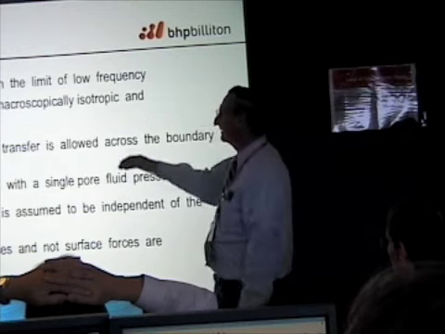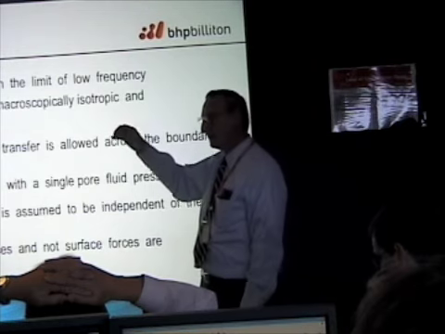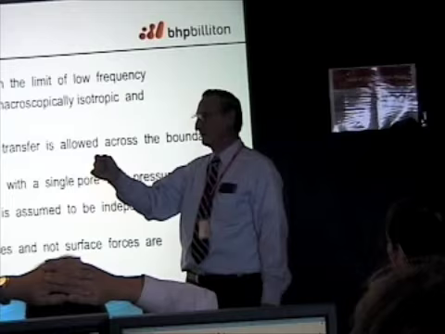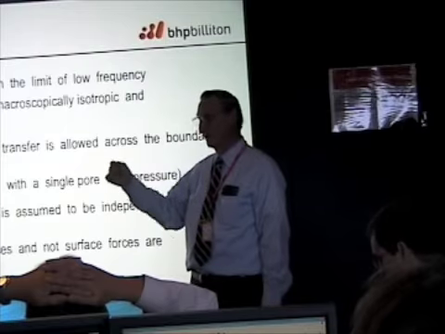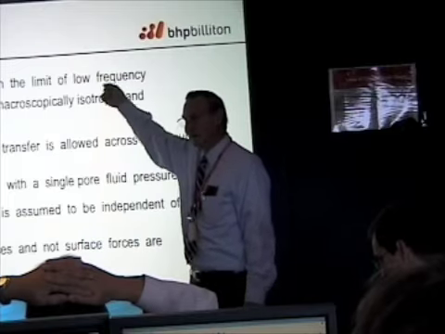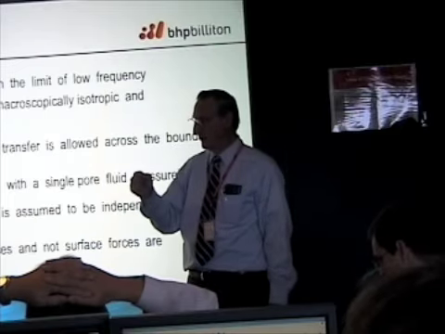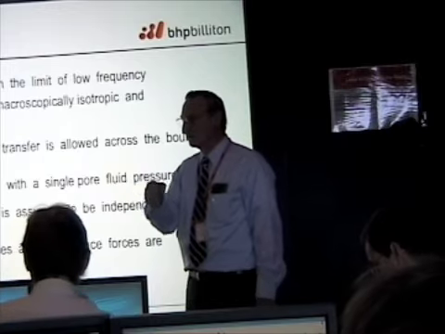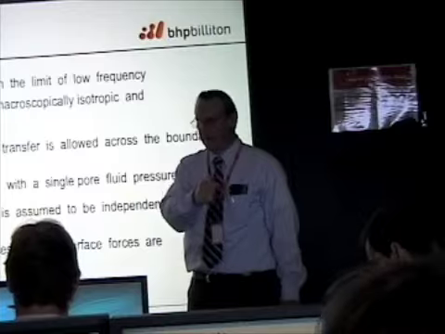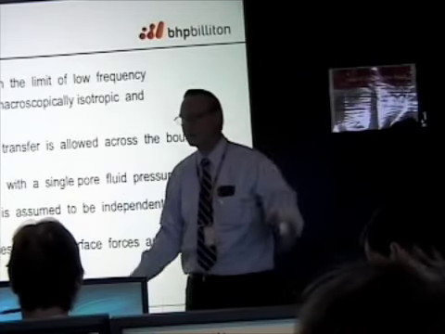So macroscopically isotropic and homogeneous means if I take a small enough segment of the rock, small with respect to the wavelengths I'm interested in for the elastic propagation, and average the properties in that small volume element. Let's make it a cubic centimeter.